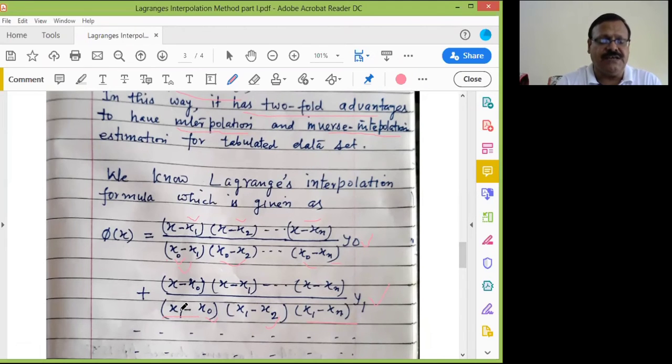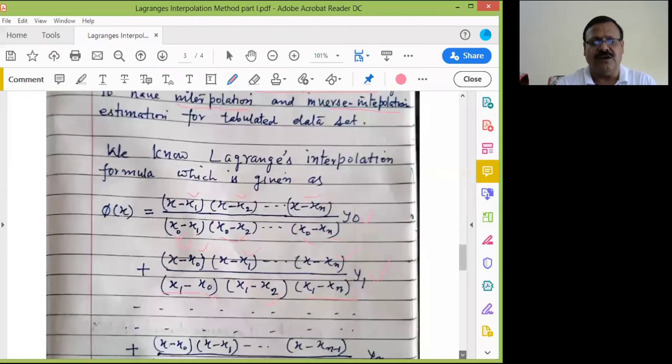And if it is x1 here, the numerator will not include x1. So the beginning value of x is x naught. We will start from x naught, then x1, and we will subtract xn from x.